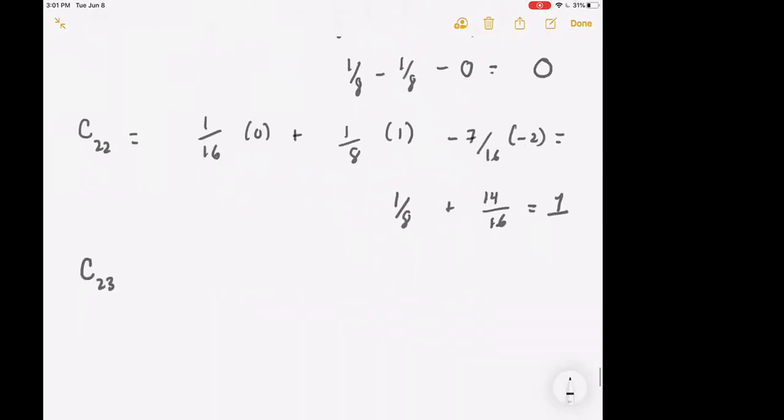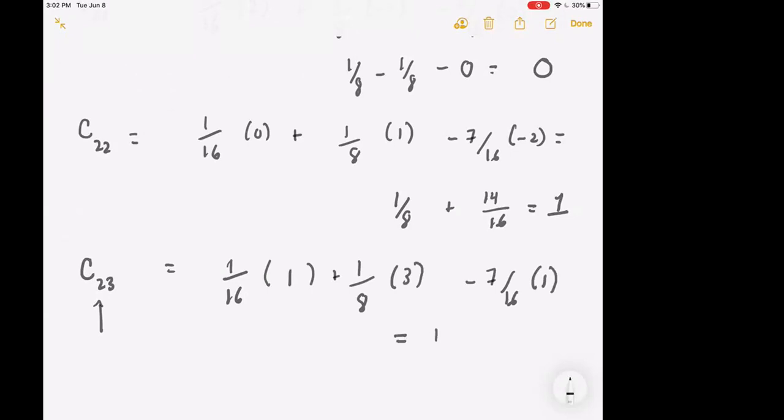Finally, the matrix element C sub 2, 3. Again, I'm still looking at the second row of the first matrix. So the matrix elements are still the same, but I'm looking at the third column of the second matrix. So I have a whole new set of matrix elements to worry about. 1, 3, minus 1.